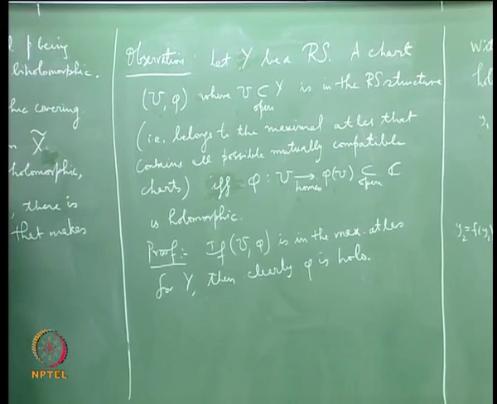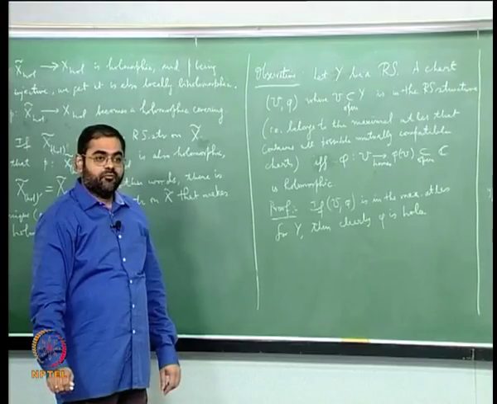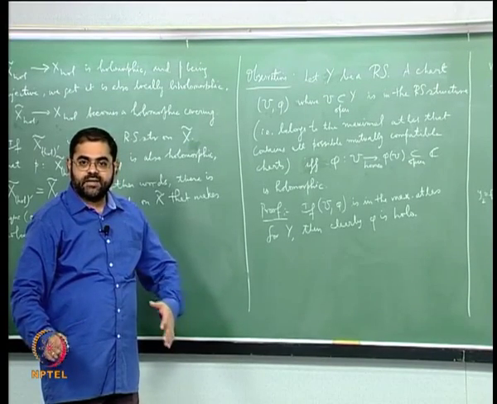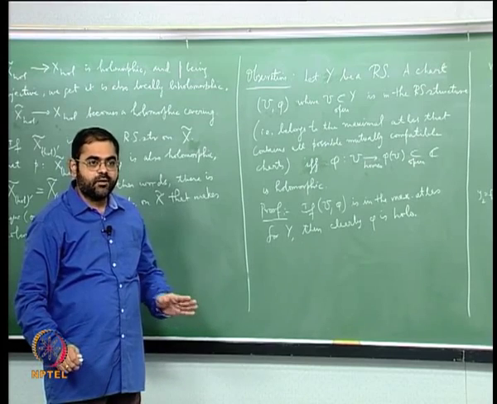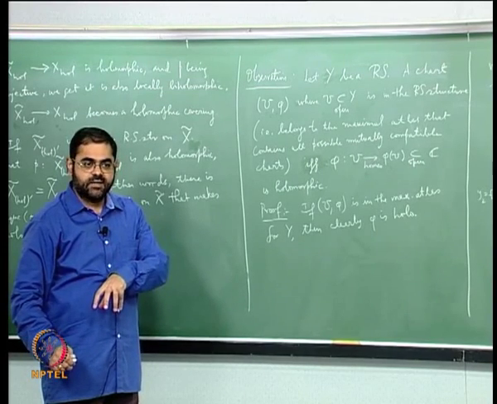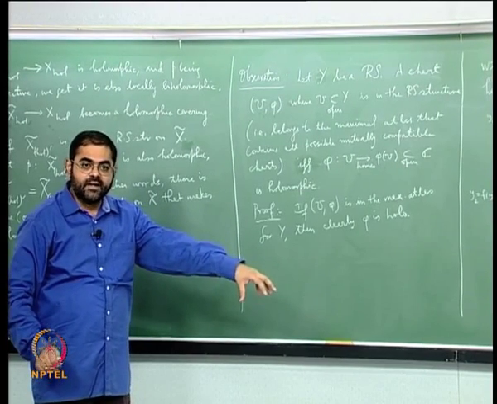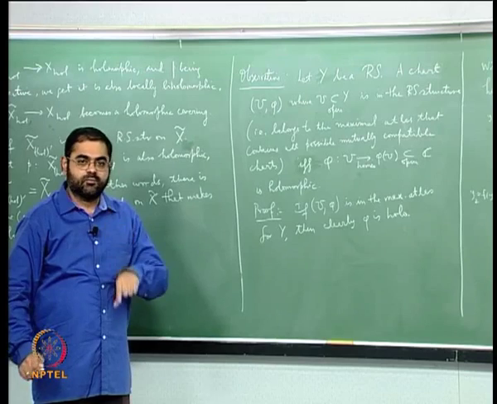Because if you remember, I told you long back in one of the earlier lectures, how do we define a Riemann surface? We first define a Riemann surface by giving a cover by charts, and the charts are only homeomorphisms of open subsets of the surface into the complex plane. The only condition you put is that the transition functions are going to be holomorphic.